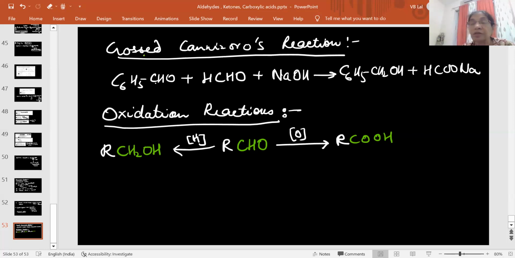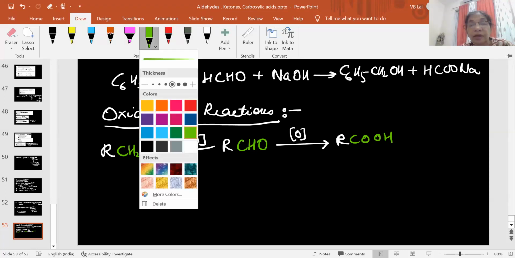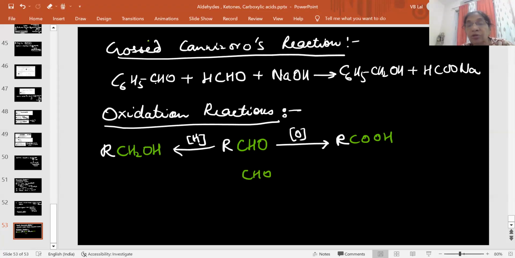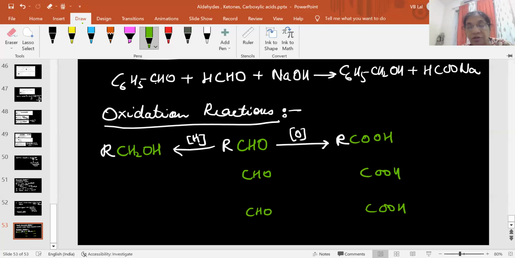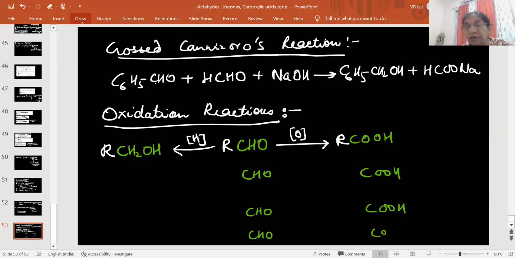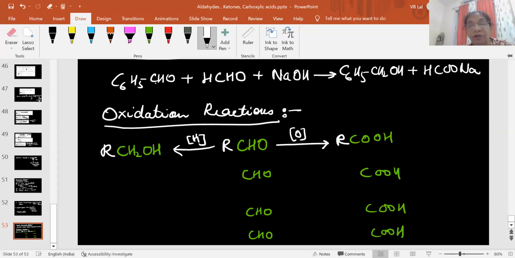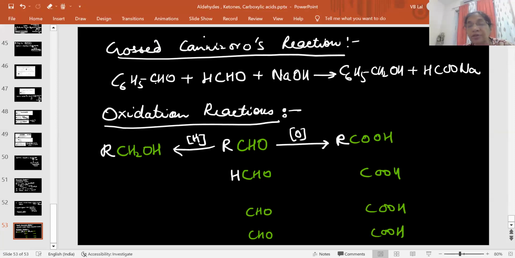So let us take an example. If R is H, then what will I get? Let me write here. This is CHO and this is COOH. Again, CHO and here COOH. And once more, I will write CHO and COOH, and I'll change my R. In the first case, I make it HCHO.